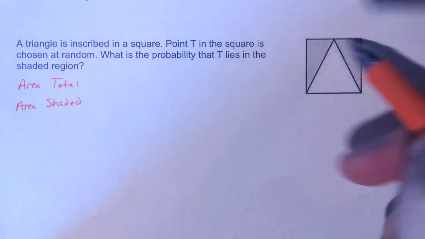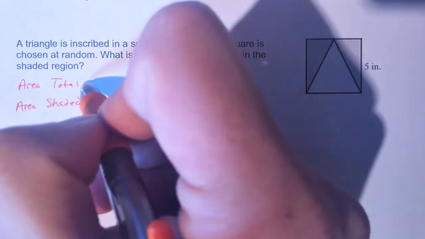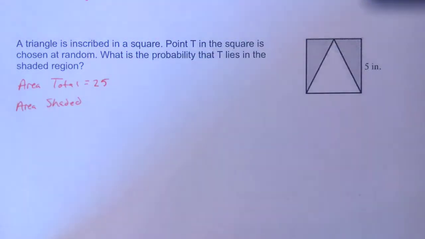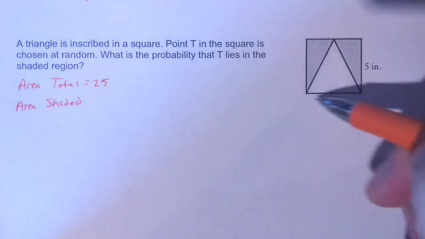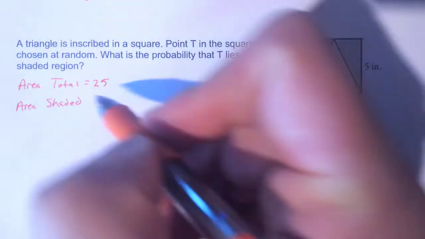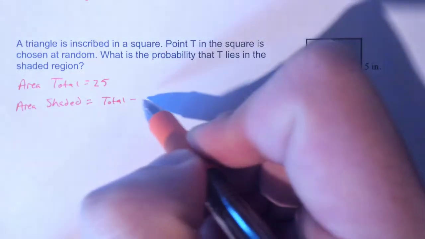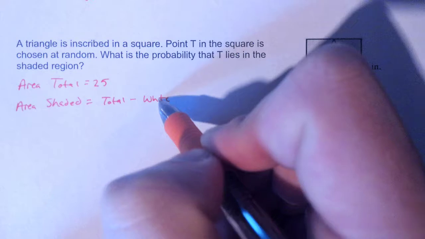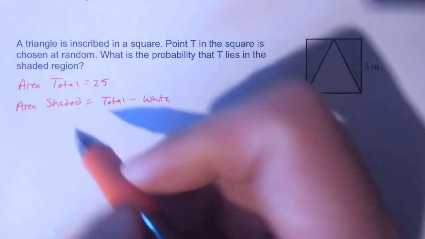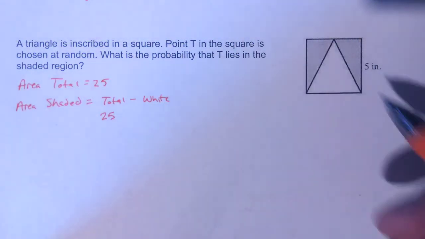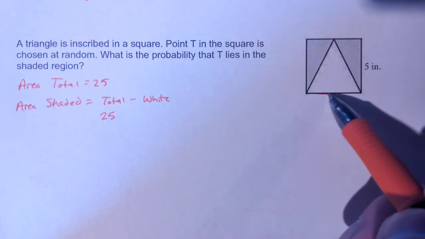So the total figure, again, it's a square, so 5 by 5 is going to be 25. So the area of the shaded region, we can do the total minus the white triangle, right? So we know the total already is 25. And the triangle, what's the base?